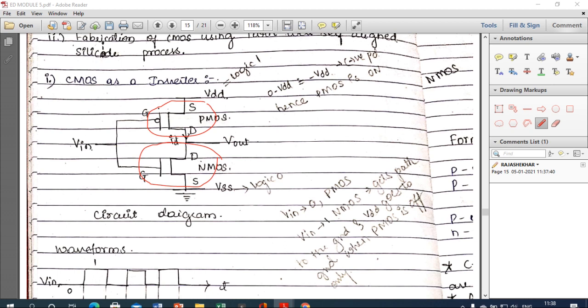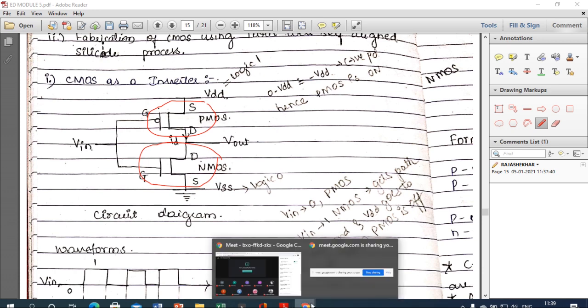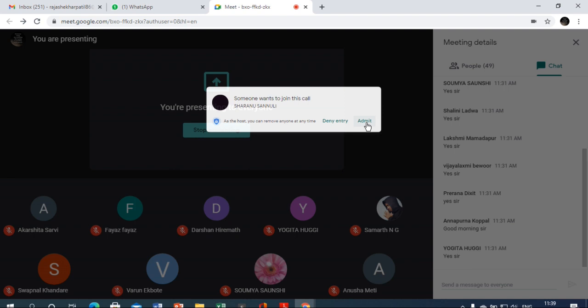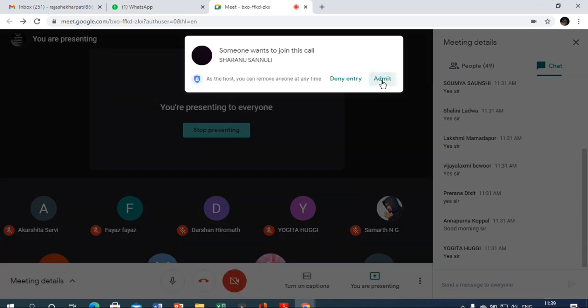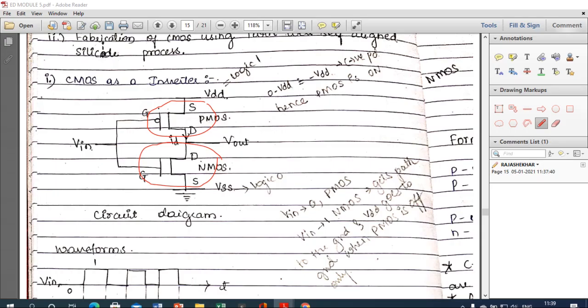Similarly, NMOS also has three terminals, gate, drain and source. In that, gate is used as the input, drain is used to connect the next transistor or the output, and the source is used to connect to the supply. So here the supply is VSS, that is ground here.